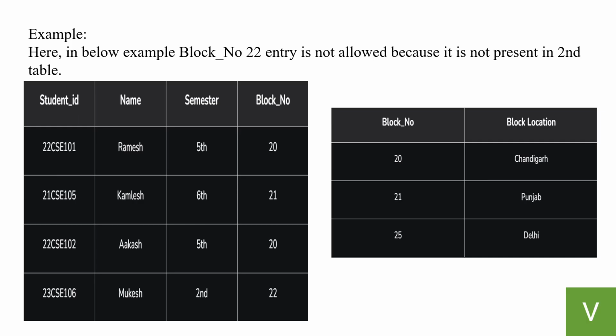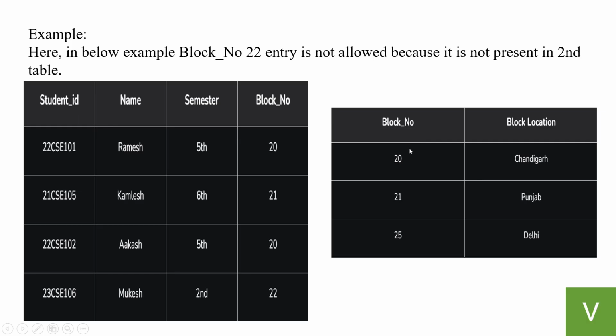Consider two relations, or tables. The first one is student. This student table has four different fields: student ID, name, semester and block number. In this table, student ID is a primary key and block number is a foreign key. Similarly, consider the second table, which has two fields or columns: block number as well as block location.